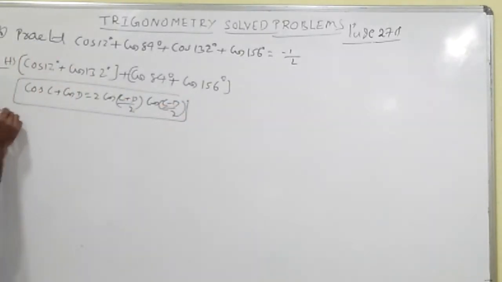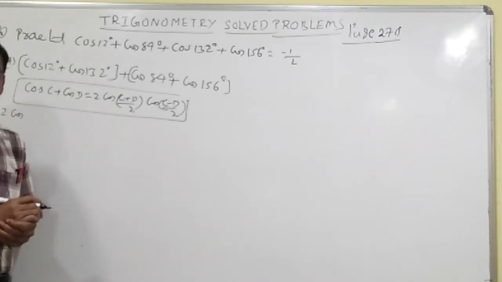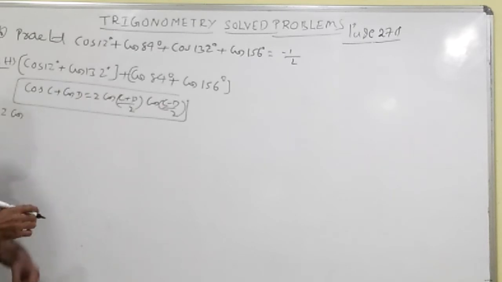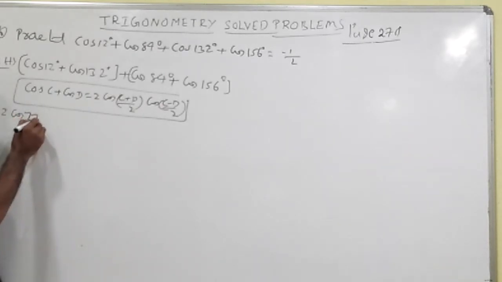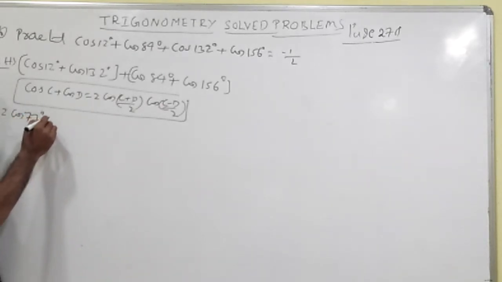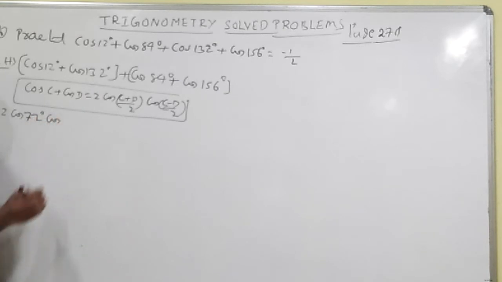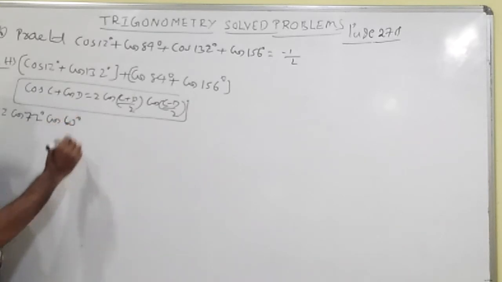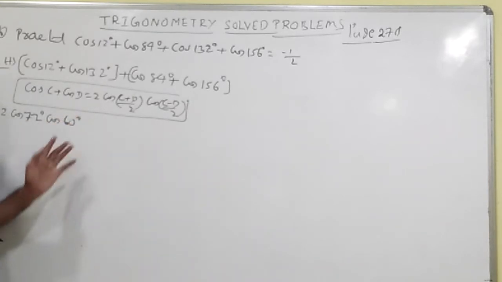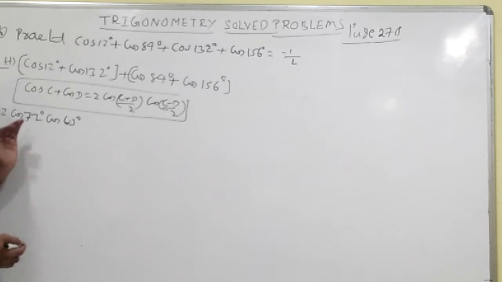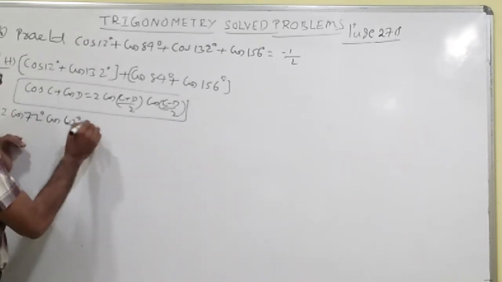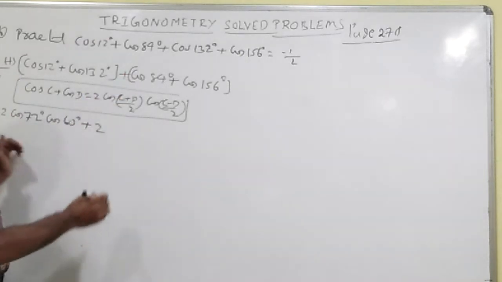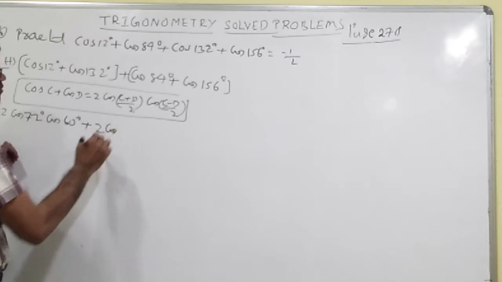That is equal to 2 into cos of (12 plus 132) by 2, 144 by 2, 72 degrees, and cos of (12 minus 132) by 2, that is minus 60, even though cos of minus theta is cos theta, there is no minus. So 2 cos 72 cos 60 plus, in the similar way apply the formula: 2 cos of (84 plus 156) by 2.